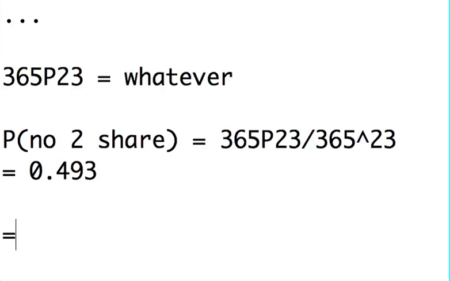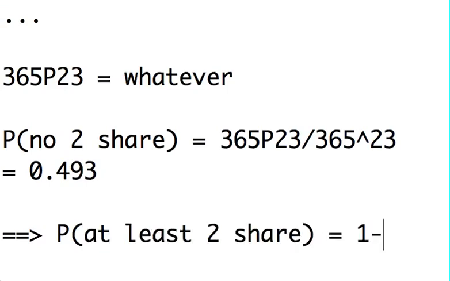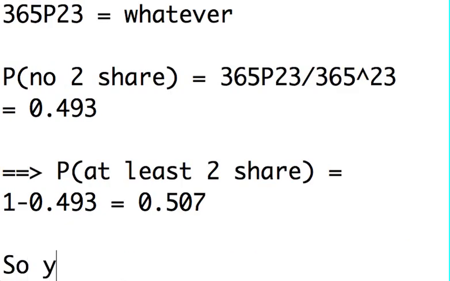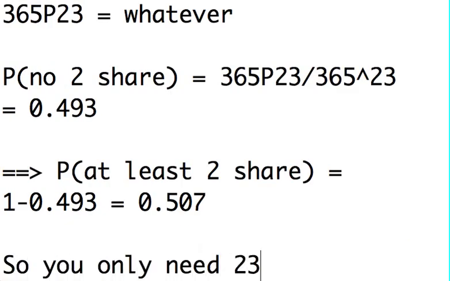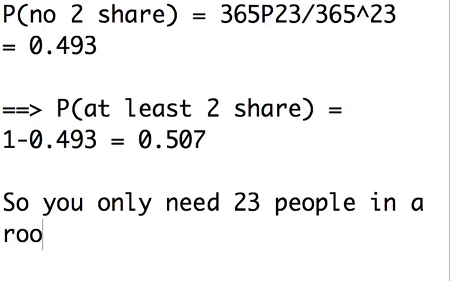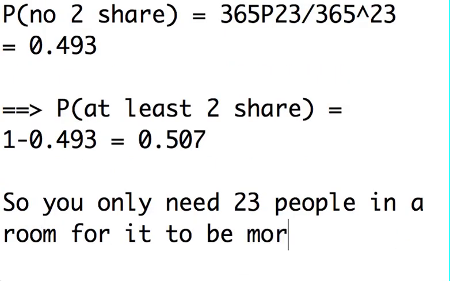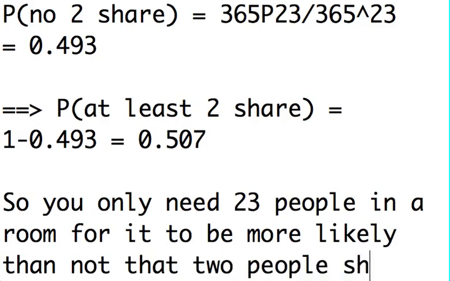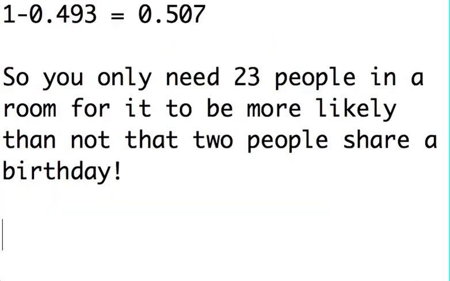So the probability that at least two share a birthday is 1 minus 0.493, which is equal to 0.507. Interesting. So you only need 23 people in a room for it to be more likely than not that two people share a birthday. Interesting.